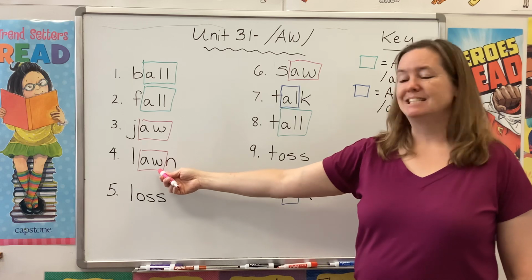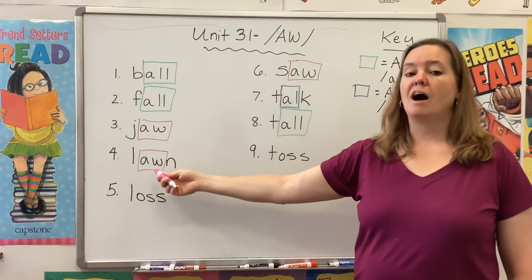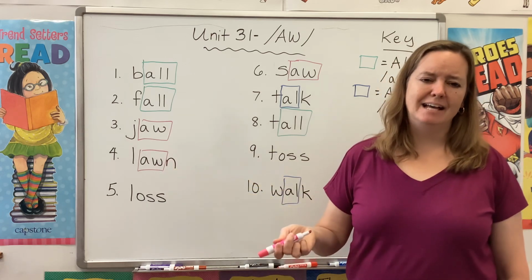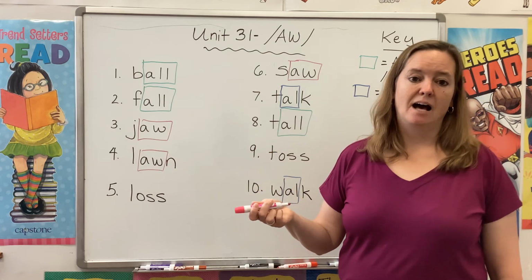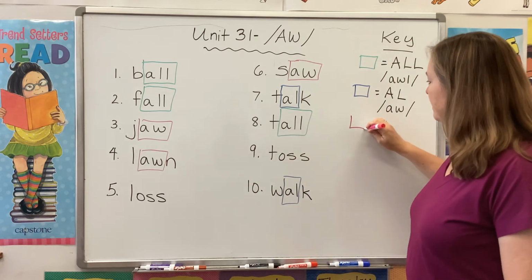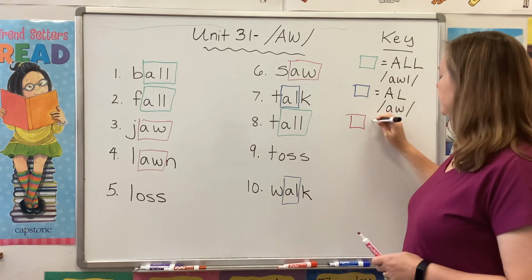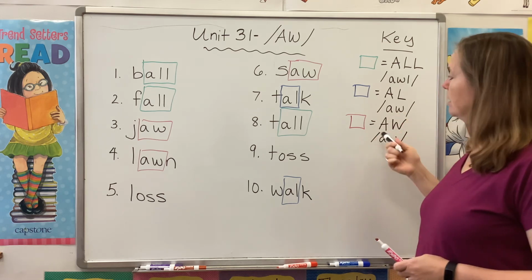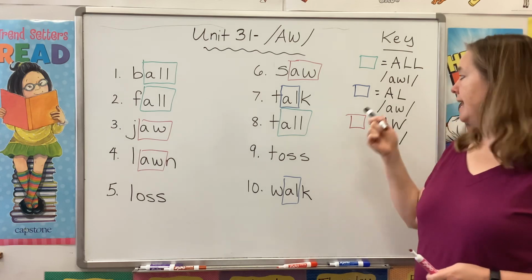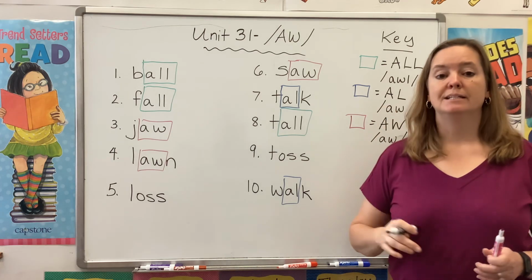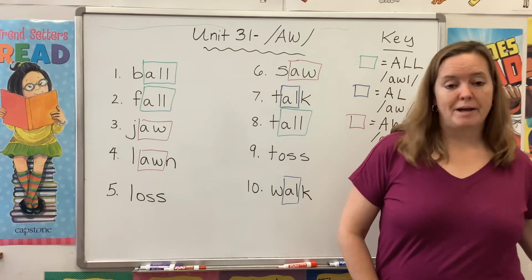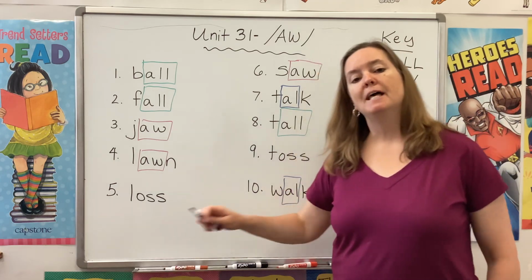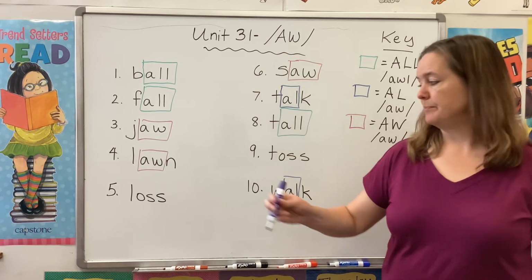And sometimes it's in the middle of a word, like lawn, dawn, fawn. It likes to hang out before that N. Sometimes it hangs out before an L as well. So pink box equals AW, and that's also going to make an aw sound. AL, AW, same sound.